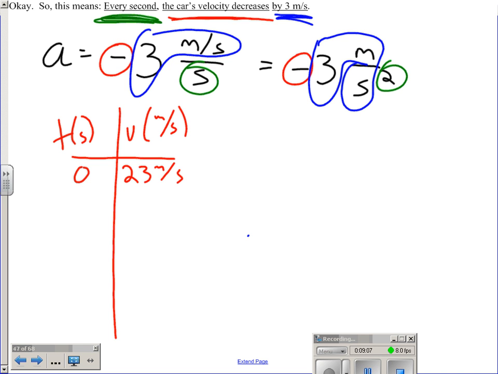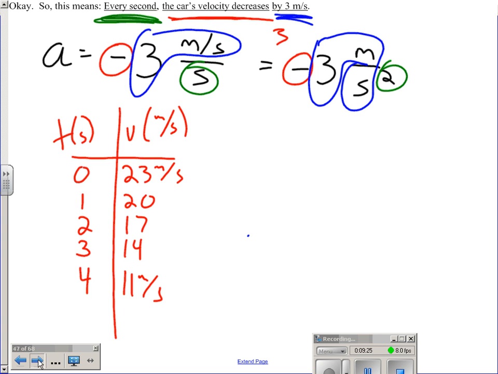And this is telling me that it's going to decrease by 3 every second, right? So after 1 second, the velocity is going to be 20. After 2 seconds, it's going to be 17. After 3 seconds, it'll be 14. And after 4 seconds, it'll be 11 meters per second. So every second, the velocity decreases by 3.